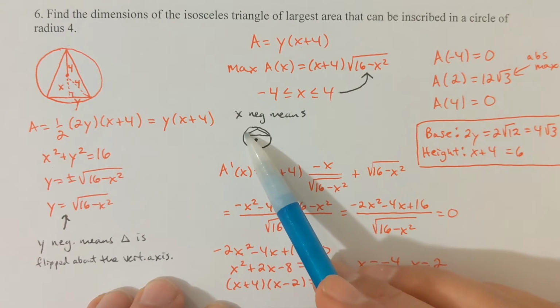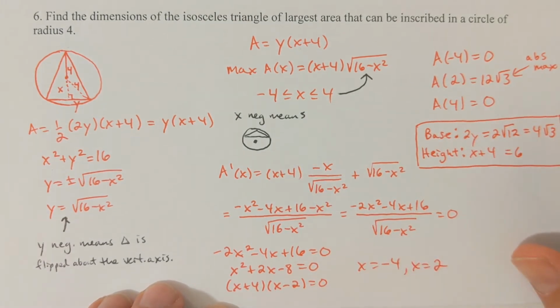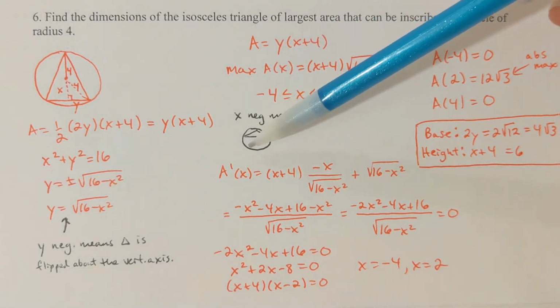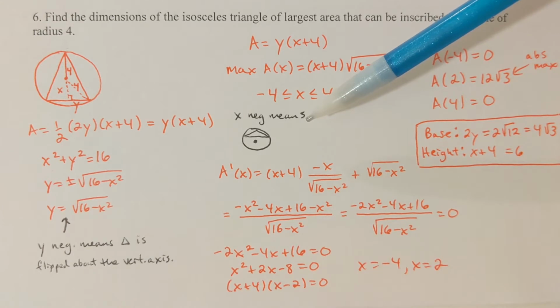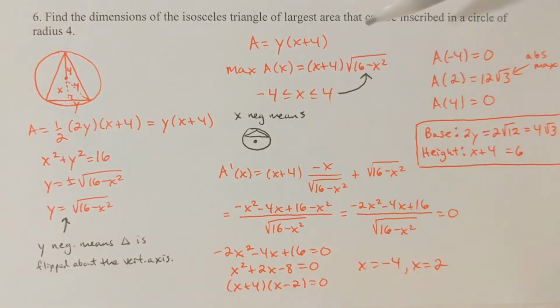So if x was negative, I'd be drawing a triangle kind of like that. Now I'm looking for the biggest possible triangle. So just an observation, if I were to draw a triangle that is as big as it could possibly be in the circle of radius 4, I think I would want the base to be below the center point, because it would take up more space in the circle.